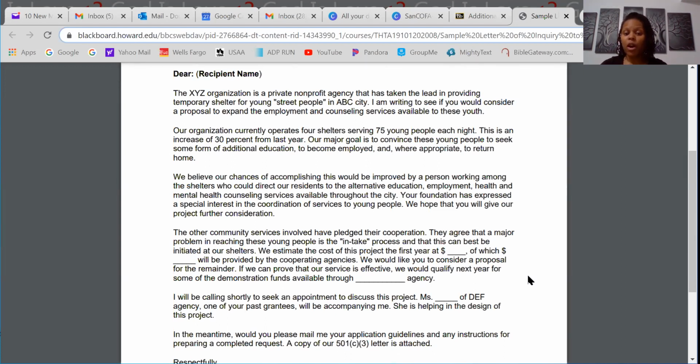So then they move on and say, we would like you to consider a proposal for the remainder. And in this case, the remainder of the numbers we just made up would be $100,000. If we can prove that our service is effective, we would qualify next year for some of the demonstration funds available through another agency.